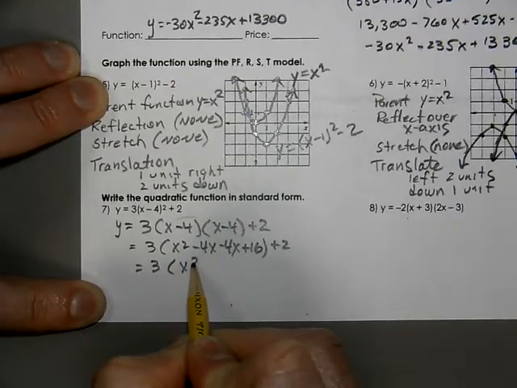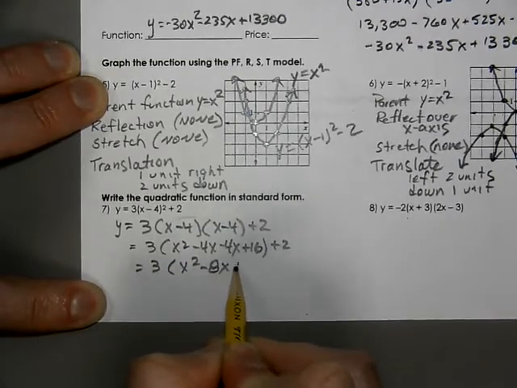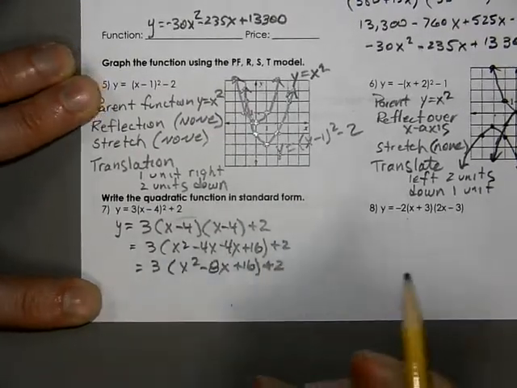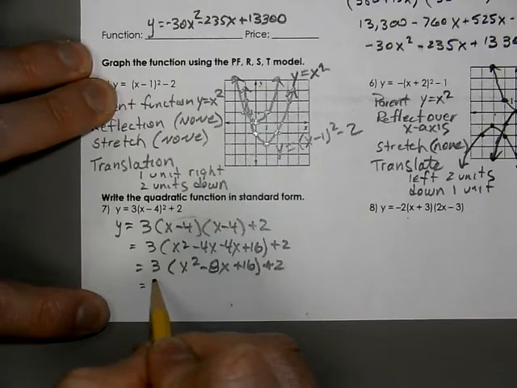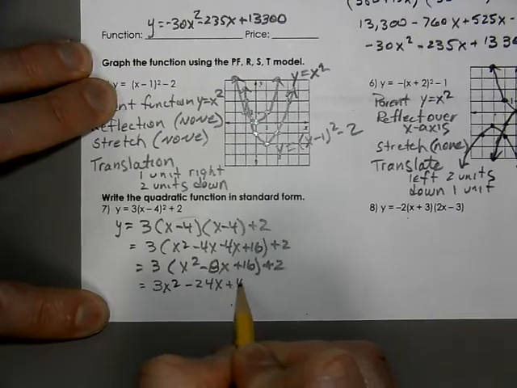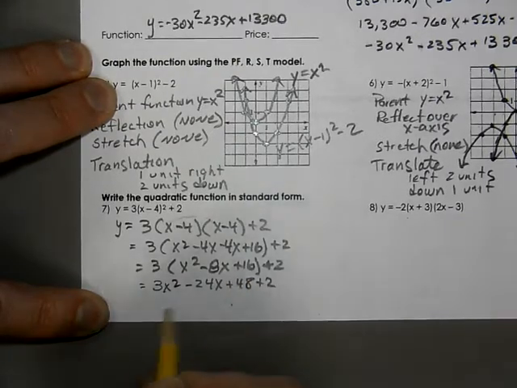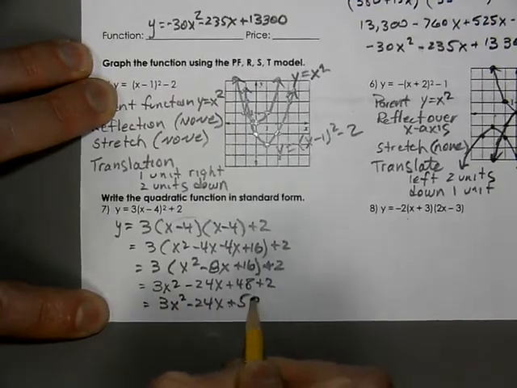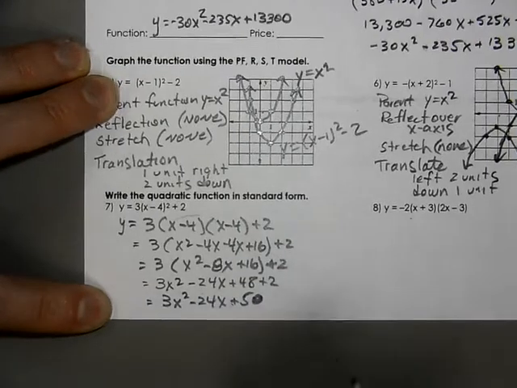Collect your like terms. Now you cannot add the 2 to the 16. You have to distribute this through, and then we can add the 2. So your equation that would match this would have a c value of 50.